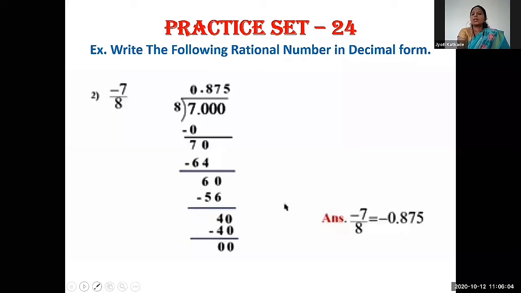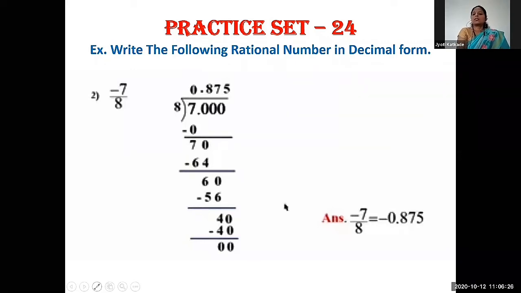Now 8 7s are 56. Minus 56 from 60, we get 4. And add 0 on 4. Now 8 5s are 40. When we minus 40 from 40, we get 0, remainder 0.